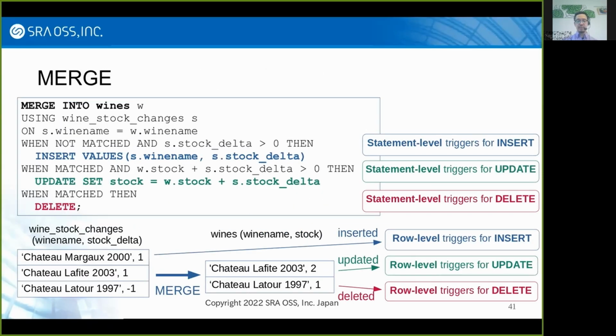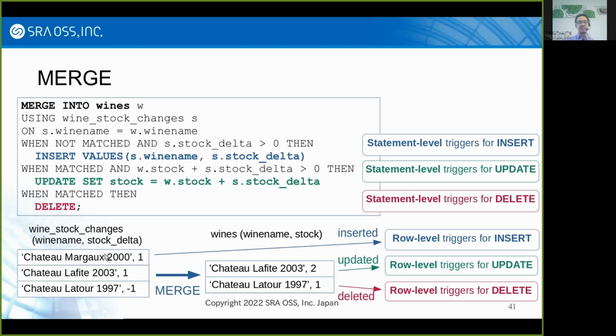And for row level triggers, they are fired only if the row is actually inserted, updated or deleted.